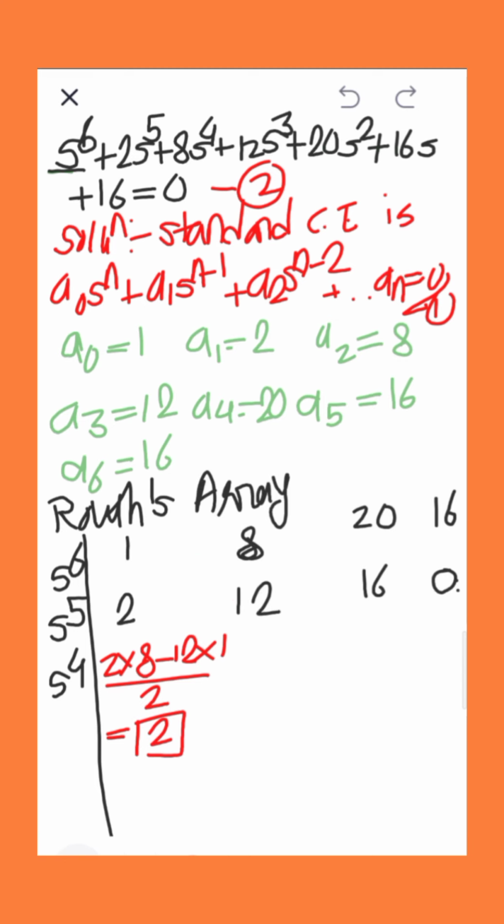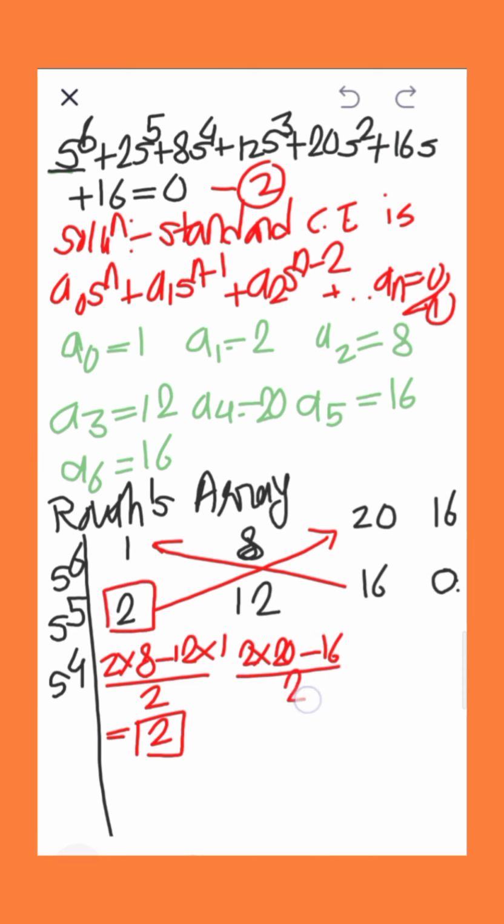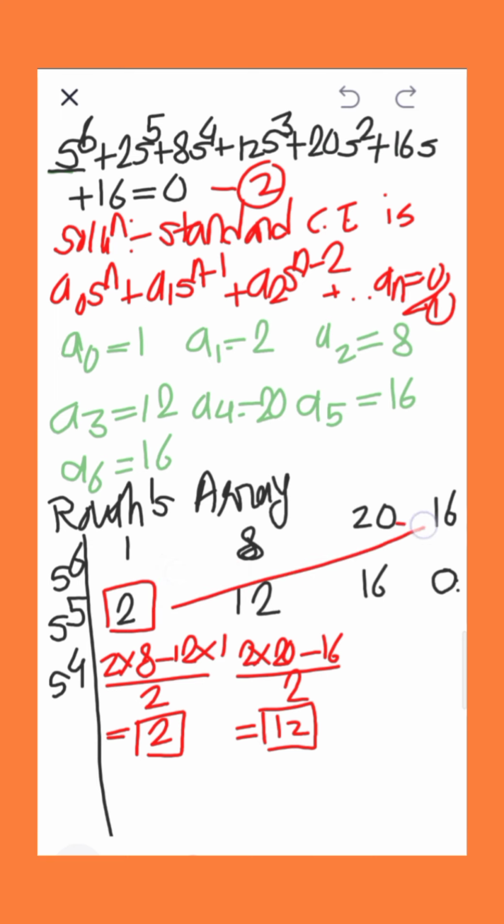Similarly, next, 2 into 20 minus 16 into 1, 16 upon 2, answer is 12. Next, 2 into 16 minus 0 into 1 is 0 upon 2. How much? 16. Okay, this row is completed.